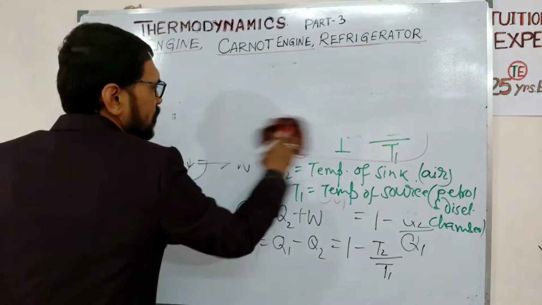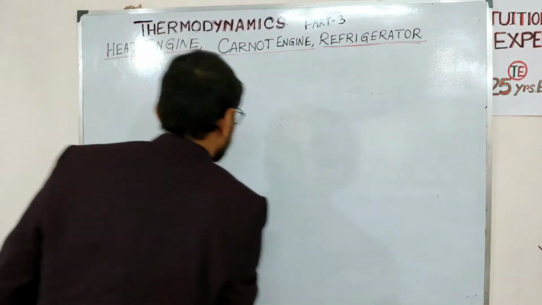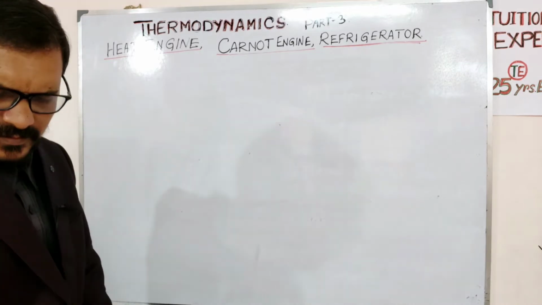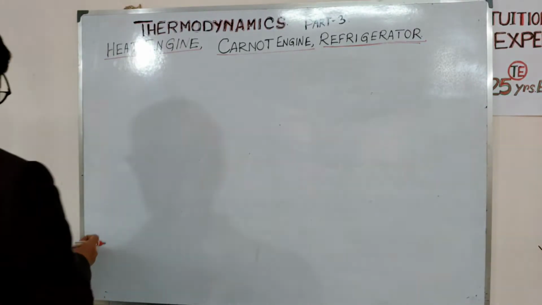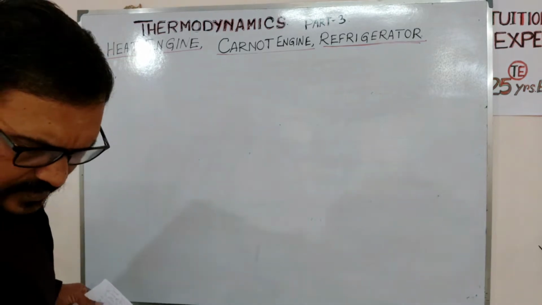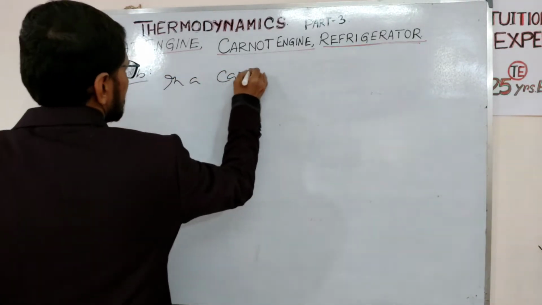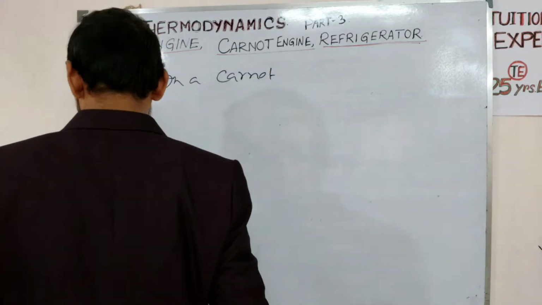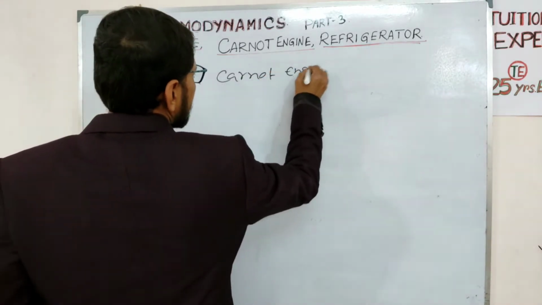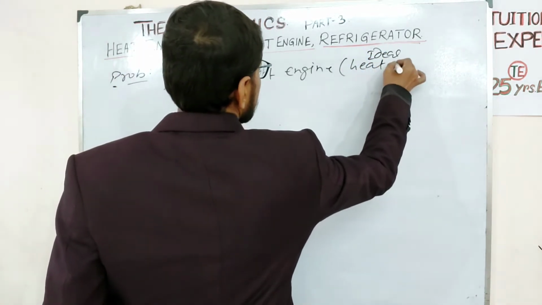Okay, now I give one example. In a Carnot engine problem, suppose a Carnot engine is an ideal heat engine.